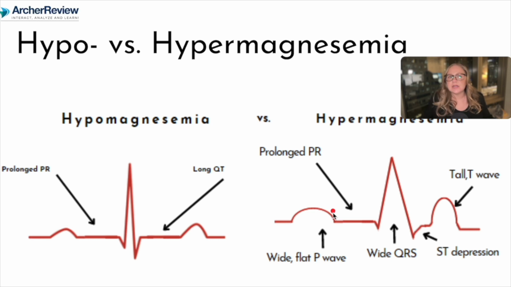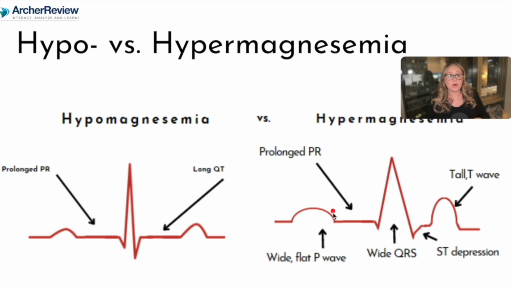So to compare high and low magnesium first, with high magnesium, remember you're going to see things similar to high potassium. Wide flat P, prolonged PR, wide QRS, and that tall T wave. Remember, it's not going to be described as peaked. If you hear tall peaked T wave, you better be thinking hyperkalemia. With hypomagnesemia, we have very different findings.